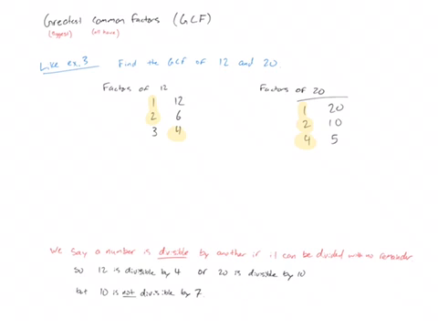But notice it doesn't ask for just any common factors. It asks for the greatest one. So the greatest common factor is going to be the biggest of those numbers, which is 4. So to answer the question, the GCF of 12 and 20 is 4.